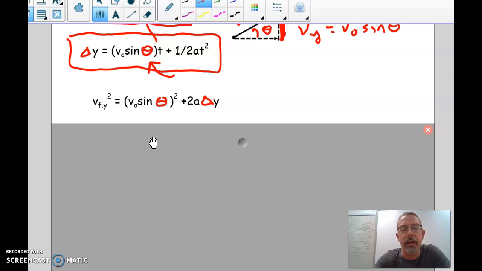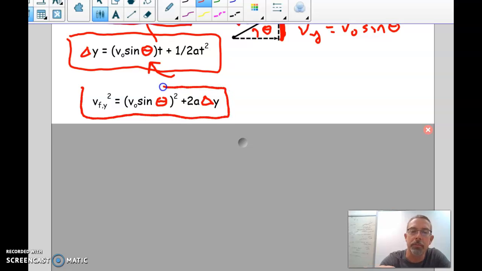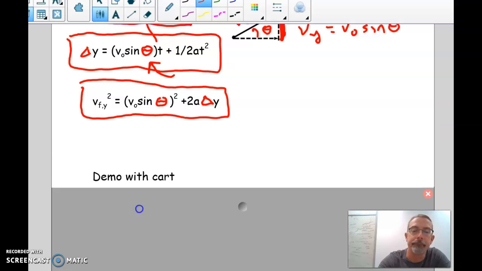Before we said vf squared equals v sub 0 squared plus 2a delta x or 2a delta y. Now we just plug in this sine theta squared. Okay, V0 sine theta, square this whole puppy. That's all you got to do. Other than that, all those old toolbox equations still apply. We just need to incorporate that angle into it.